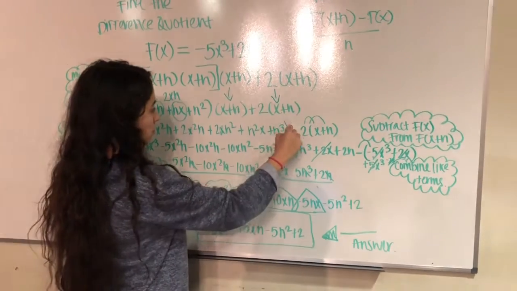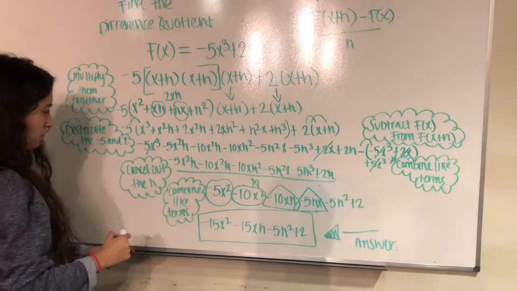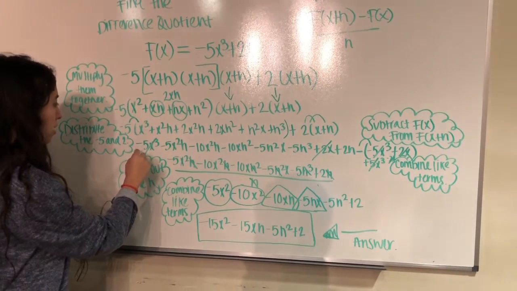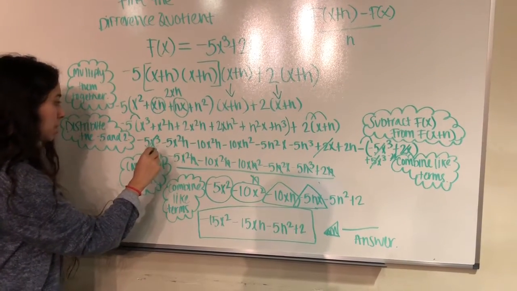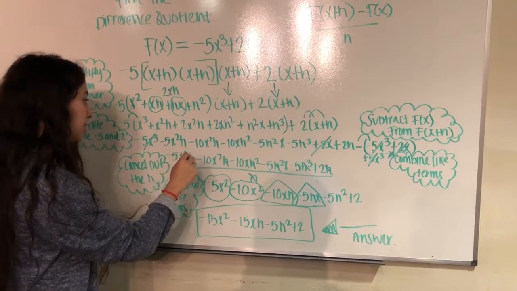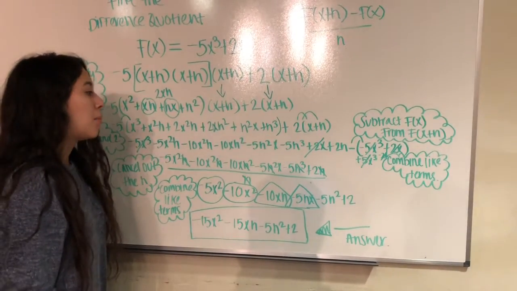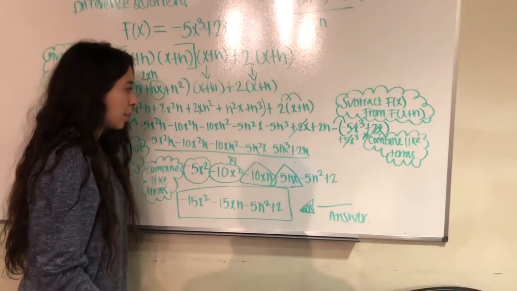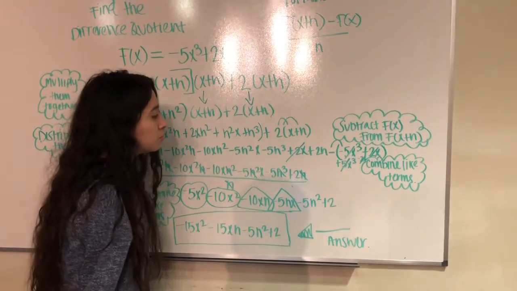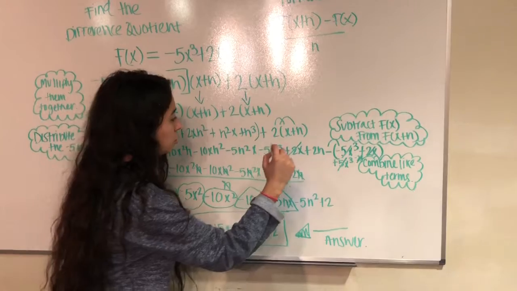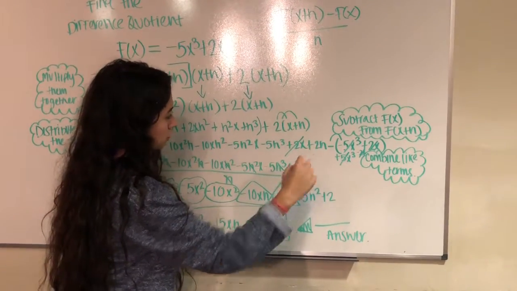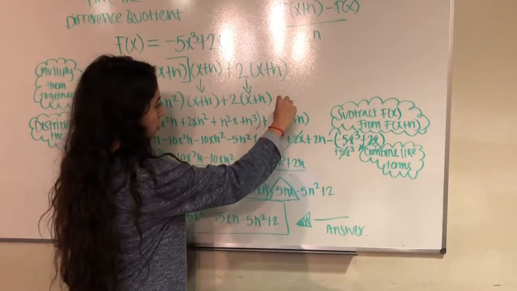When you distribute the 5, you get negative 5x cubed minus 5x squared h minus 10x squared h minus 10x squared h minus 5h squared x minus 5h cubed plus 2x plus 2h, because you distributed the 2 also.